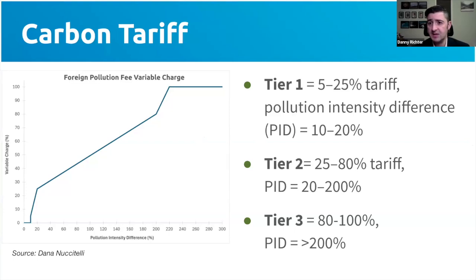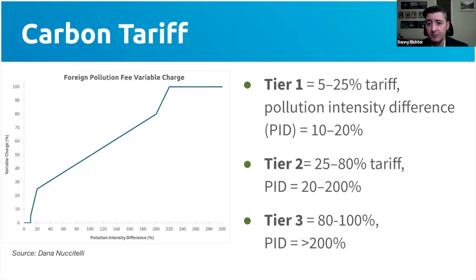So that's 10 to 20% above the US baseline. So you take the pollution intensity of the good from the foreign country, you subtract the US baseline, and if that result is between 10 and 20%, then you get a tariff scale between 5 and 25%.